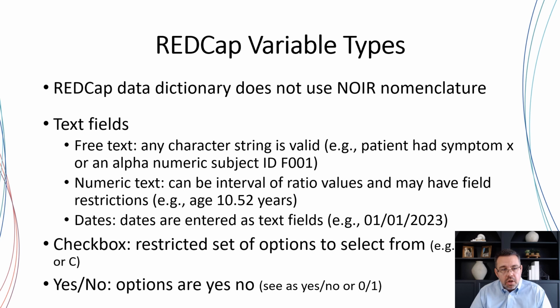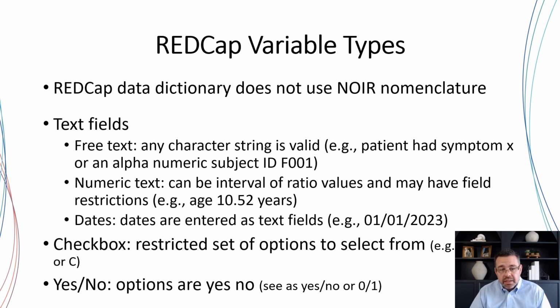So for instance, you might see age. Age might be listed as a text field, and it's a numeric text field. And on the back end for a given patient, what we might see is the age is 10.52 years when rounded to the second decimal place. And again, there could be restrictions on that, and those are set by the database developers as they build those fields. But just be cognizant that in REDCap, numeric values can be referred to as text fields.